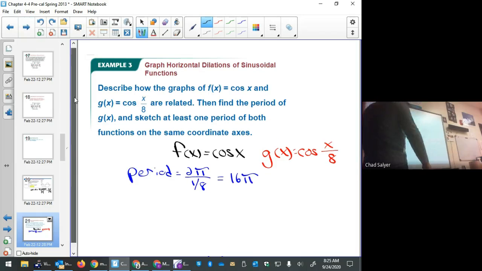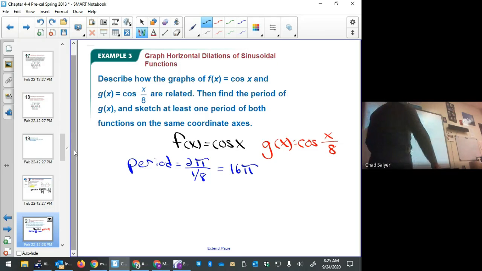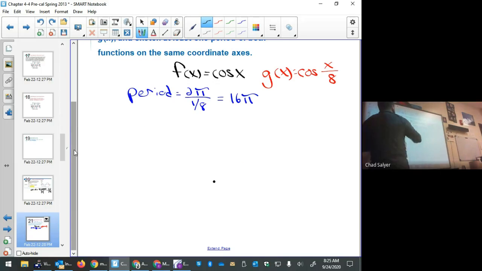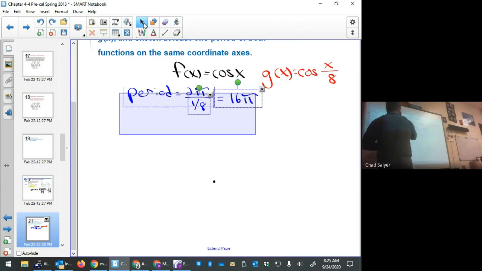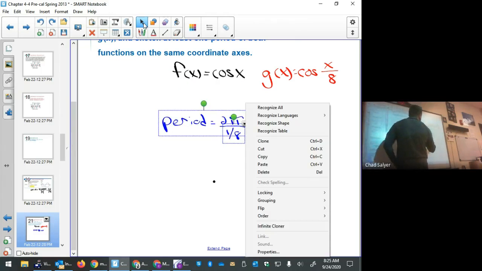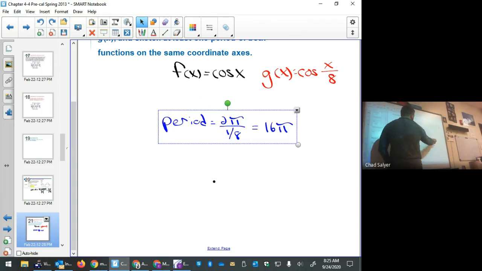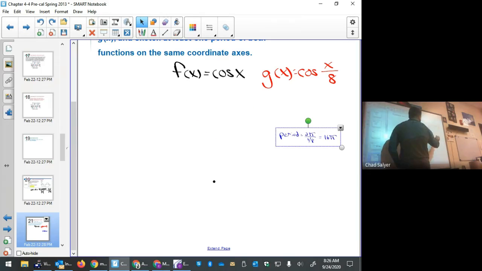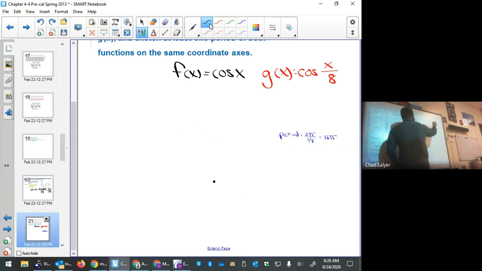So we've got cosine of x and cosine of x divided by 8. So our b value here, think about if I wrote this as a times the cosine of bx plus c, plus d.